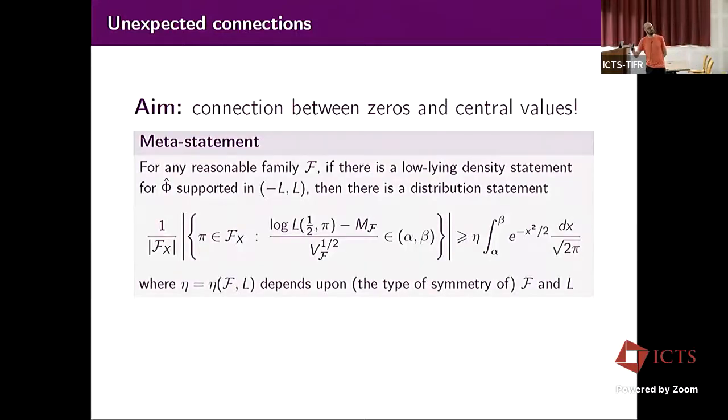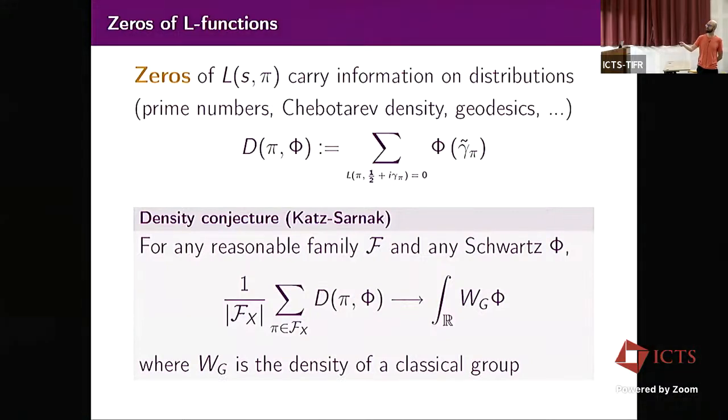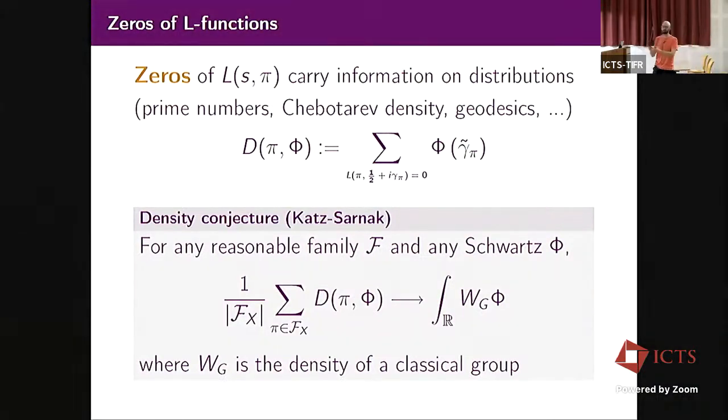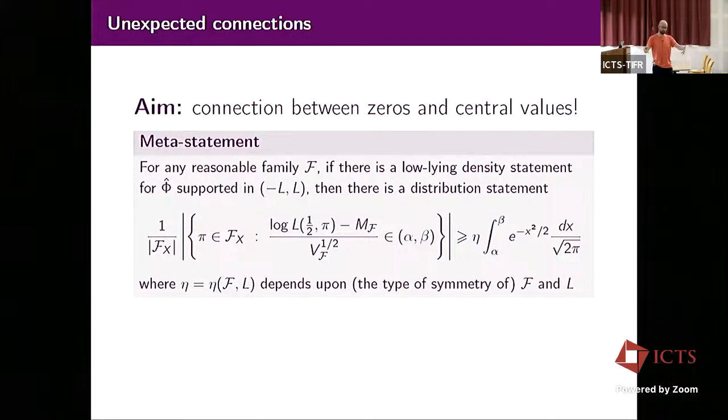Before giving a proper statement, because for now everything is blurry, this is the kind of statement that I want to advertise a bit, and that we understood with Chacha recently: for these reasonable families, if you know a result towards the Rudnick-Sarnak conjecture, but not for all Schwartz functions, that's too strong, only for restricted Schwartz functions with Fourier support in a certain segment, then you can deduce a distributional statement towards the Keating-Snaith conjecture.